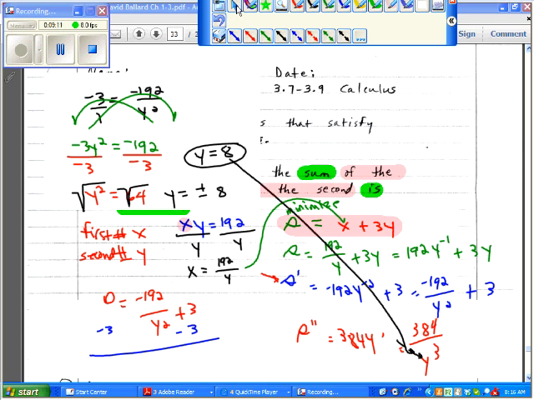And remember, we're just looking for positiveness or negativeness, right? If we have that, then we would have positive 384 over 8 cubed, which is going to be a positive, and a positive divided by a positive is positive. That means in the second derivative it's positive. What does that tell you? That means it's concave up at that point.